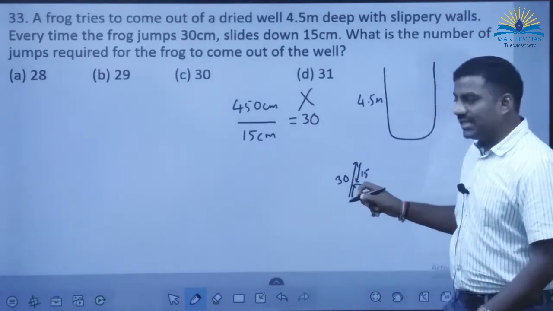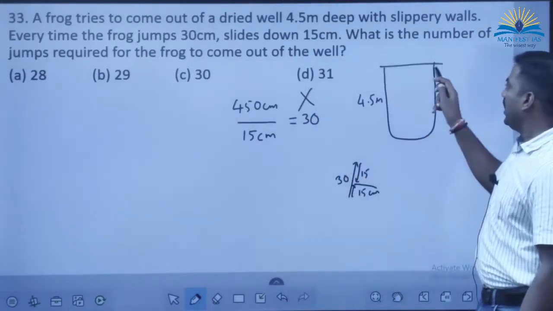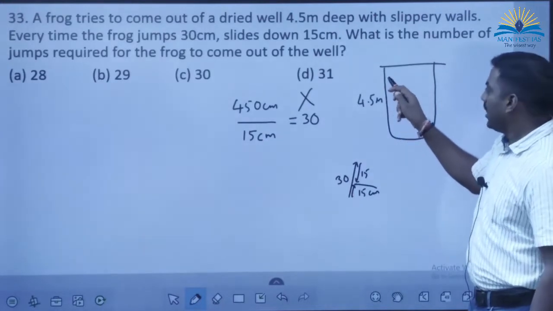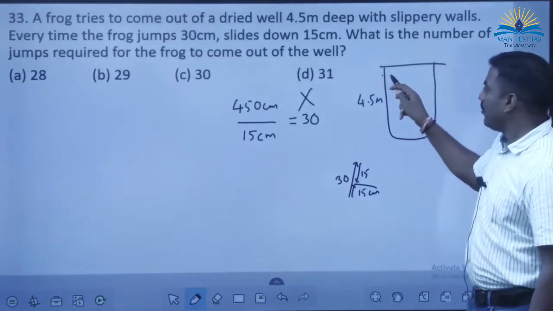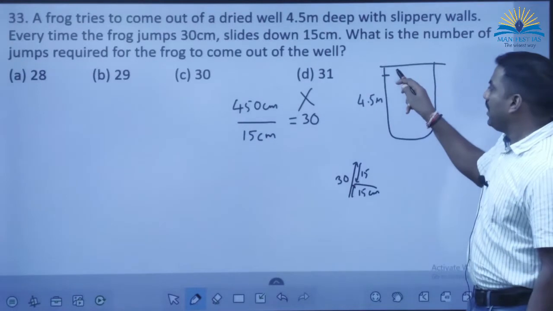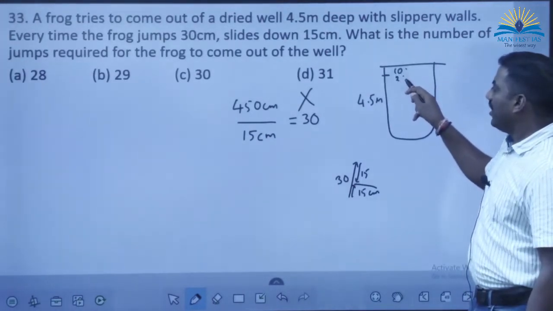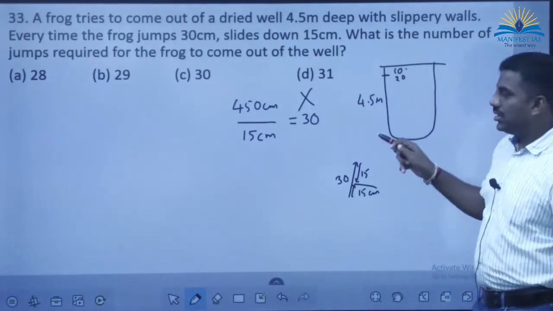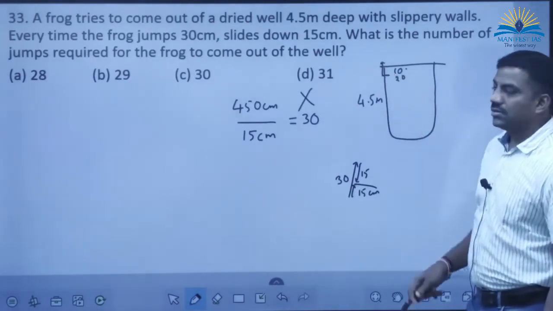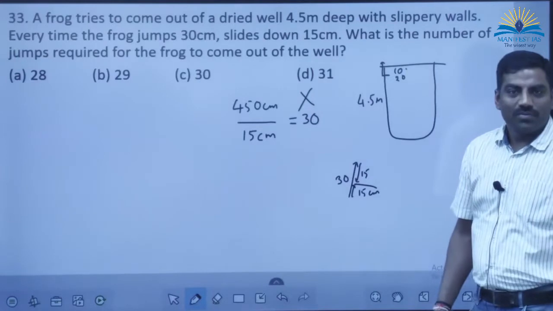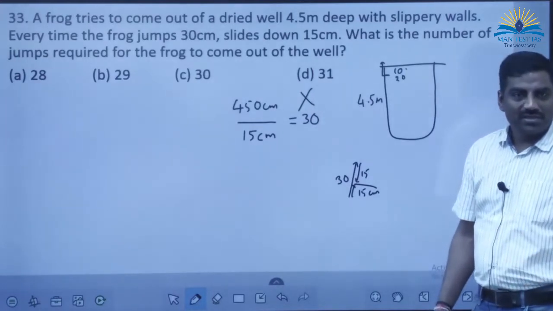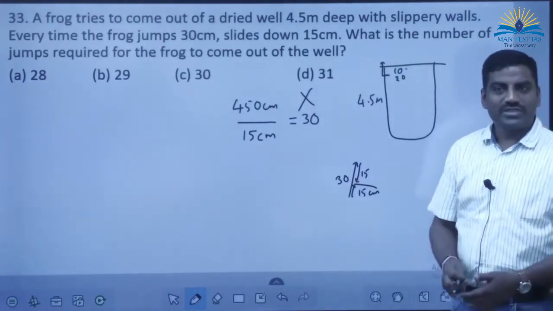Because, let's say, this is the brim of the well, and the frog is somewhere here. Let's say it is maybe 10 centimeter away or 20 centimeter away from the top. If it jumps, it will be out of the well, no? Because it jumps 30 centimeter. It is out of the well. There is no question of slipping back.